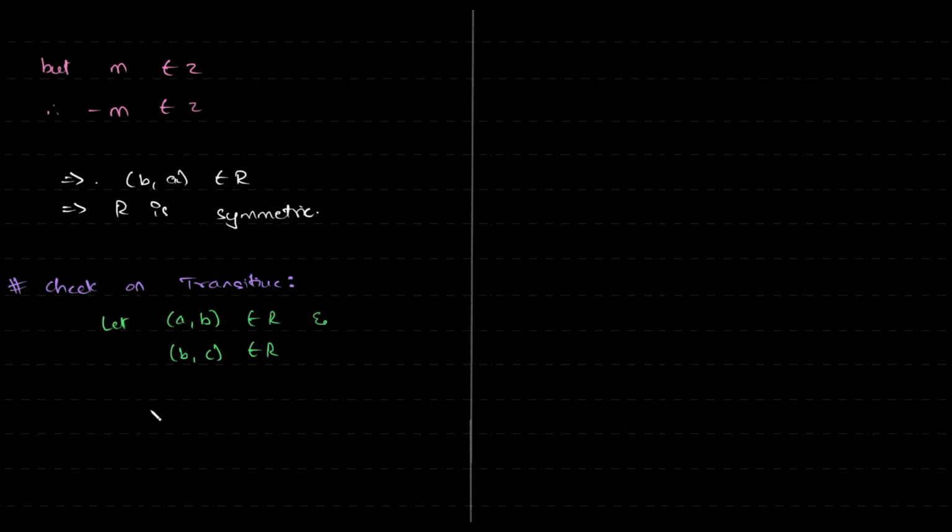From this, what can I tell? From this, I will be able to tell that a minus b and b minus c result in an integer. This belongs to Z and b minus c results in an integer. You guys agree? Okay. Again, this is a lengthy version of writing things, but this will be easy for you guys to think.